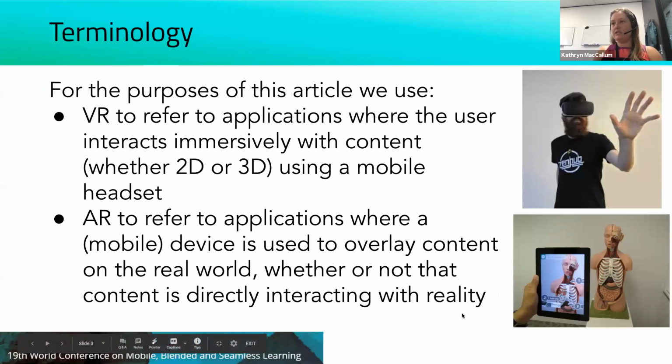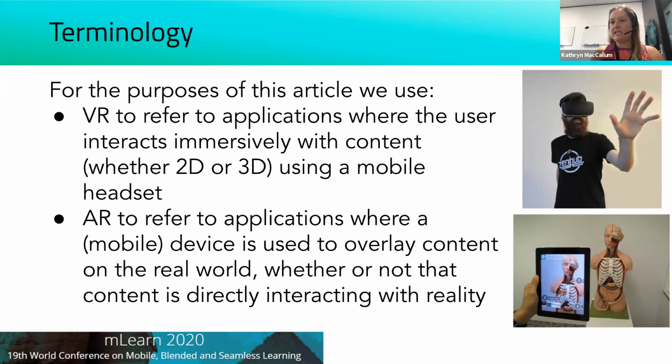So if anyone's unsure about the two terms that we're using: virtual reality, in the case of this article, we're talking about mobile virtual reality. So this is usually a limited immersion. For example, you don't have the gloves for full immersion. And so you've got a digital environment that you're interacting with, 2D or 3D.